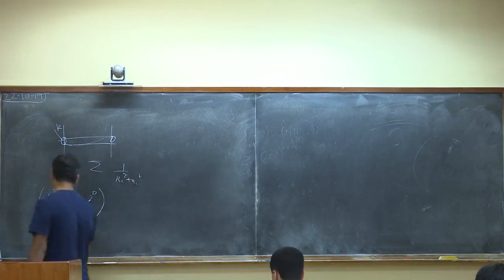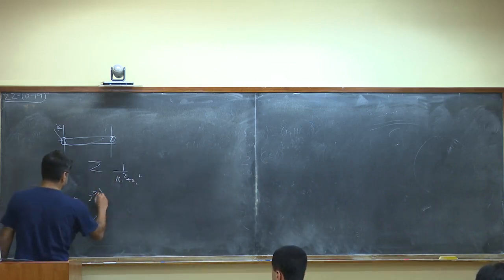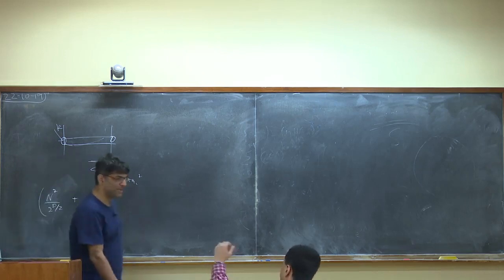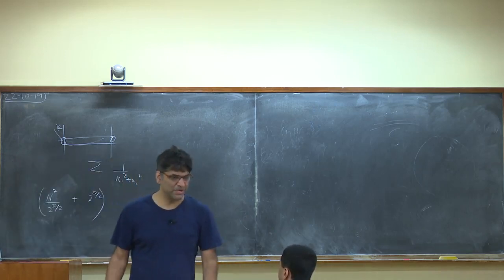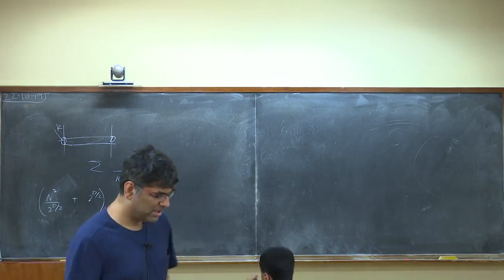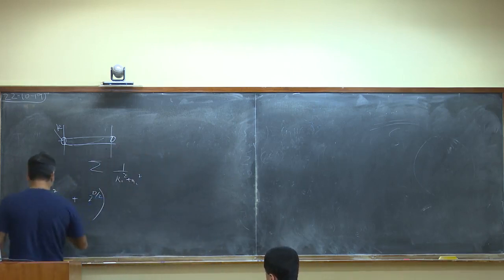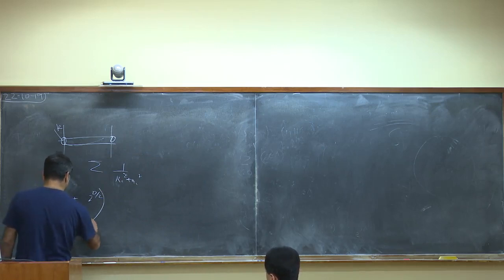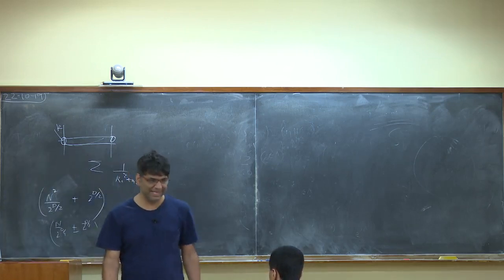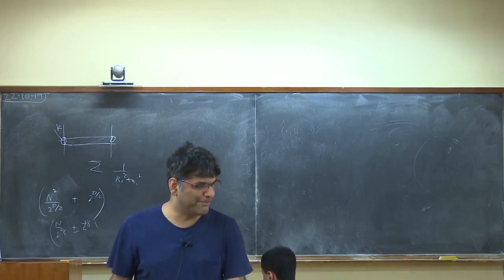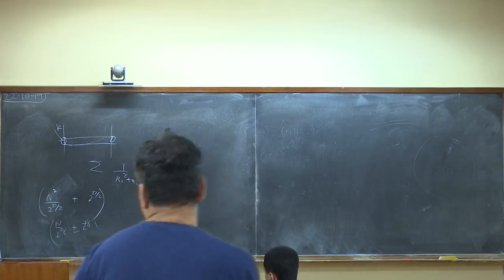So something special happens when N is 2 to the power d by 2. We're going to get this as N divided by 2 to the power d by 4 plus or minus 2 to the power d by 4. So when N is equal to 2 to the power d by 2, something good will happen.